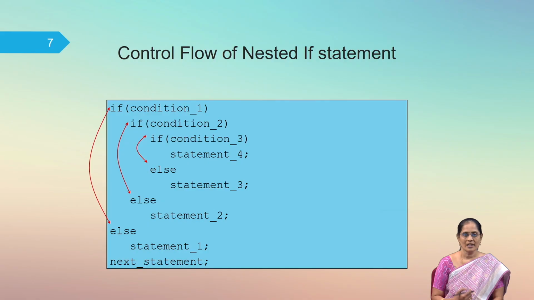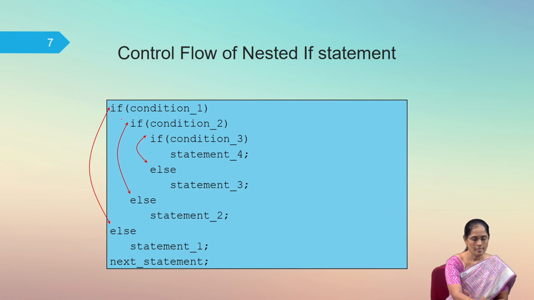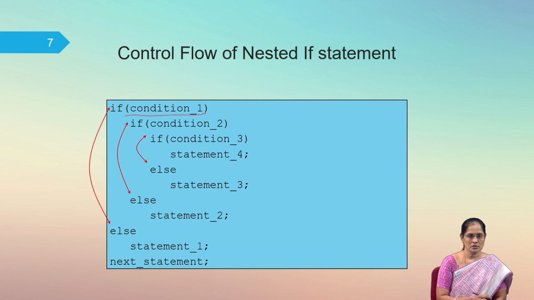How will we be able to understand how the control flow of the execution changes in this case, because we call this a control structure. So, we need to know how the control flow changes from one if statement to the other. Let us consider the first condition checking to be if condition 1. If this is true, it goes on to check if condition 2, and if that is again true, it goes on to check if condition 3.